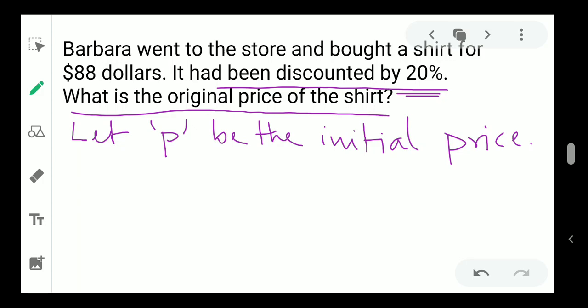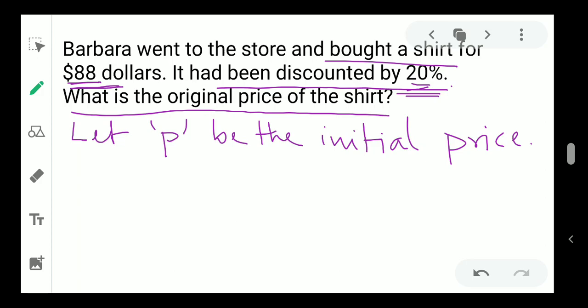One is bought the shirt for this dollar amount, and it has been discounted by 20%. If you take the 20% as reference, then the $88, that is the final price, will become your condition. And if you take the $88 as your reference point, then the 20% will become your condition. So now you have to choose which is better for you.